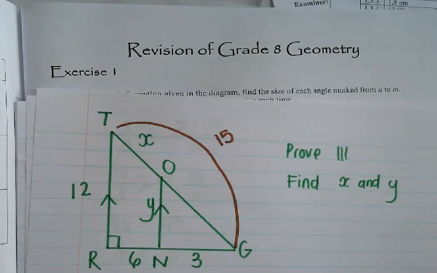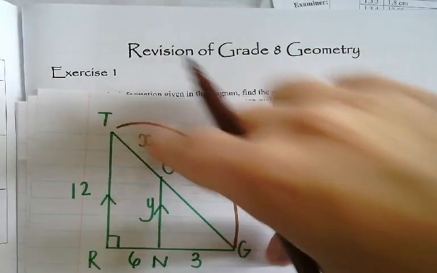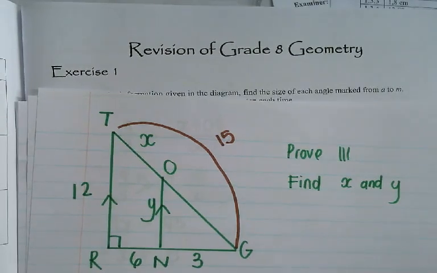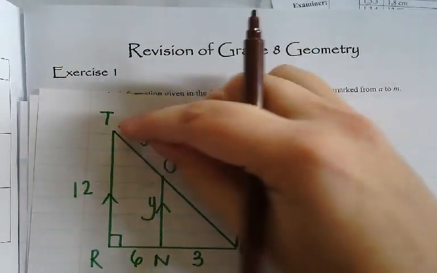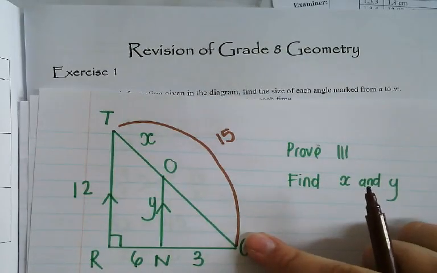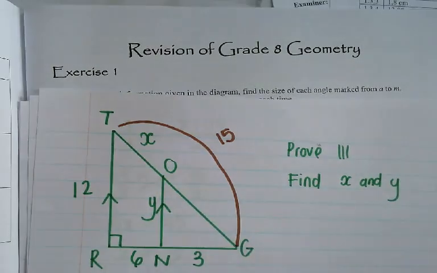But my diagram and my sides that are in proportion match TG to OG. So somehow we need to get x involved there, don't we? So if x plus that must give me 15, what is this going to be? No, not quite, almost. There we go, 15 minus x.